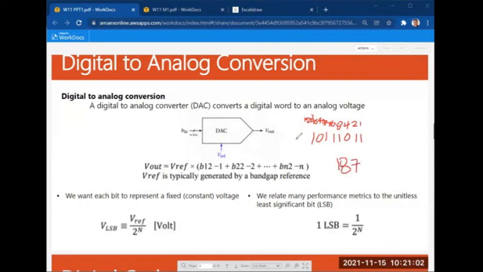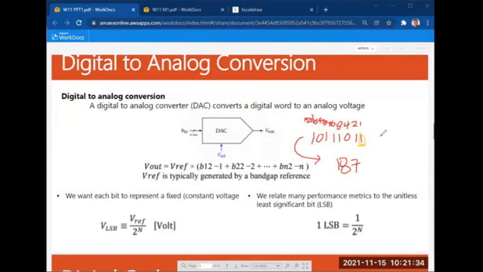If we convert this to decimal, in this binary number the least significant bit is usually the lowest valued bit, in this case 1. Why? Because in digital to analog conversion or analog to digital conversion, we usually expect errors, because there is no perfect system to convert digital to analog.